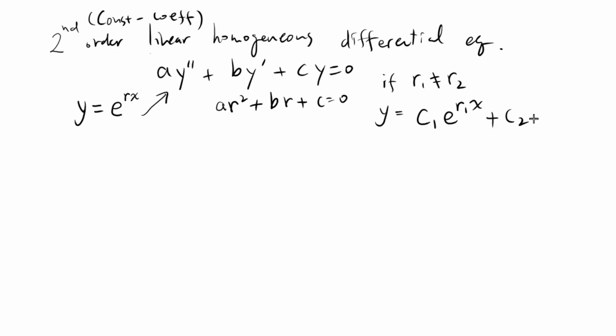And then another one, c2 e to the r2 x. So that's the general solution. And if it also has some initial conditions, like y prime of 0 is -2 and y of 0 is 1, then you can use that to figure out what c1 and c2 are. And that's how you solve it.